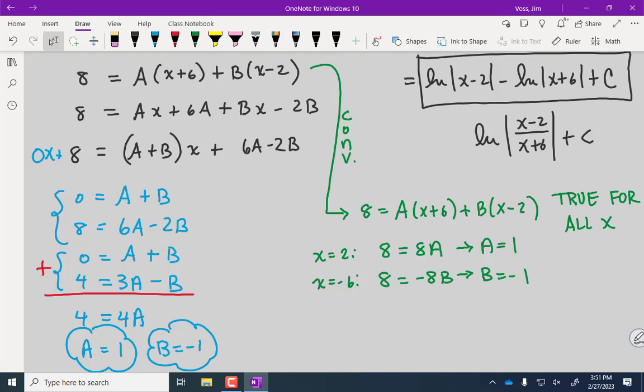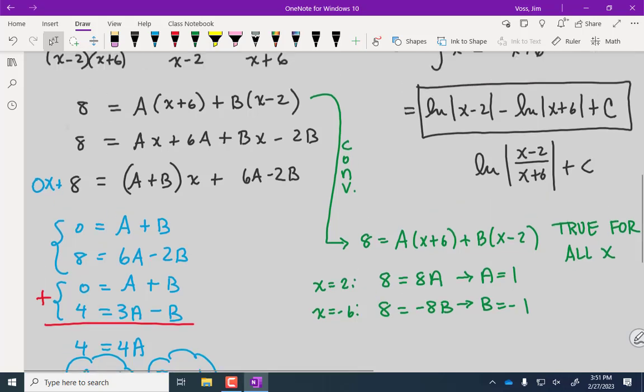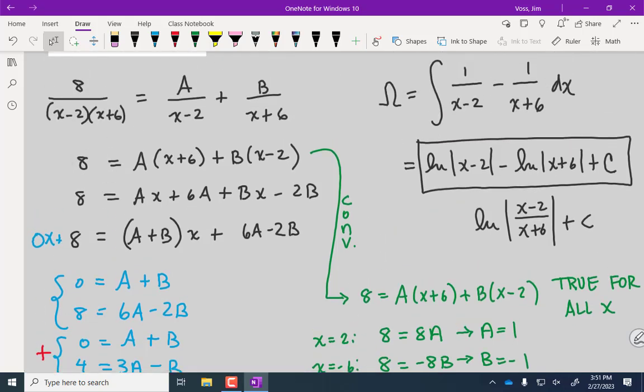So the convenient value method is way more efficient if you have linear factors in the denominator. So are the A and the B, like you're kind of just creating coefficients for the two factors? Yep, so the A and the B are going to be coefficients. When we clear out the fraction, they become coefficients of the two factors.